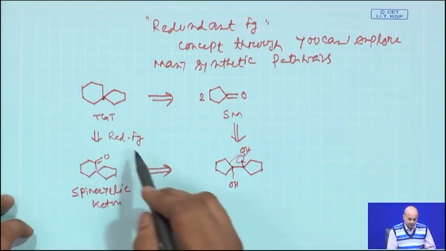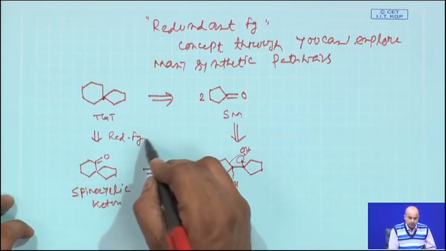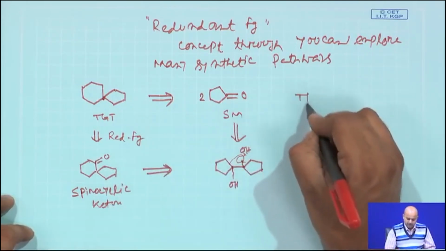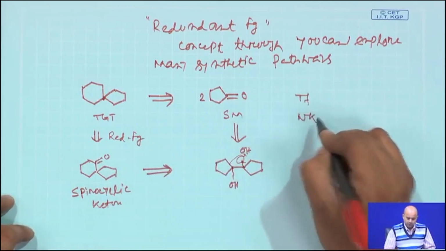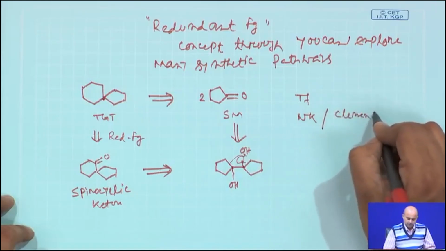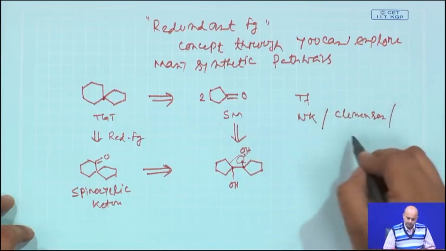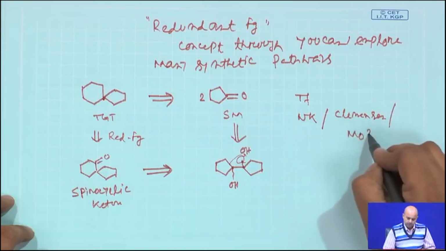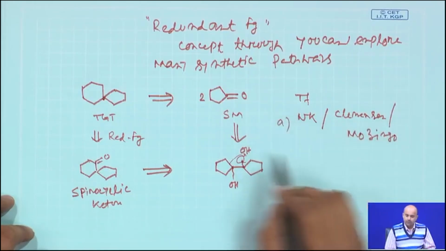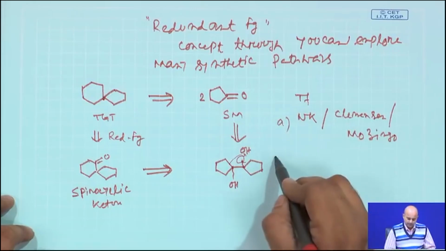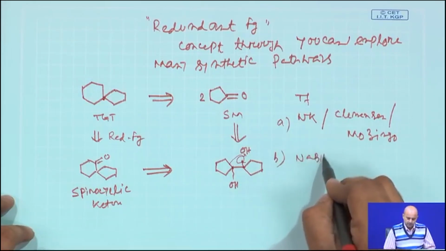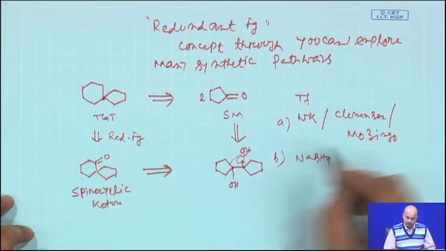Now, here also, what are the reactions you will be doing here? You can do a simple Wolff-Kishner, Clemmensen, Mozingo, all this kind of deoxygenation you can use. You can simply reduce this compound with sodium borohydride to get the corresponding alcohol.